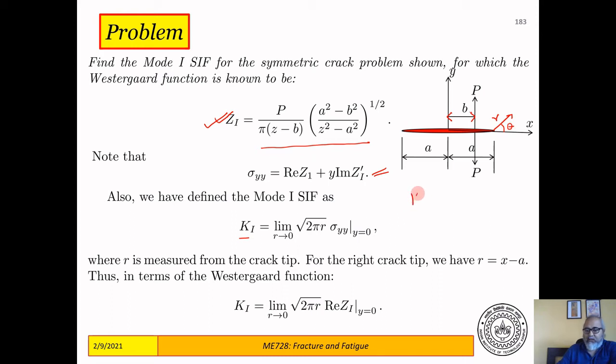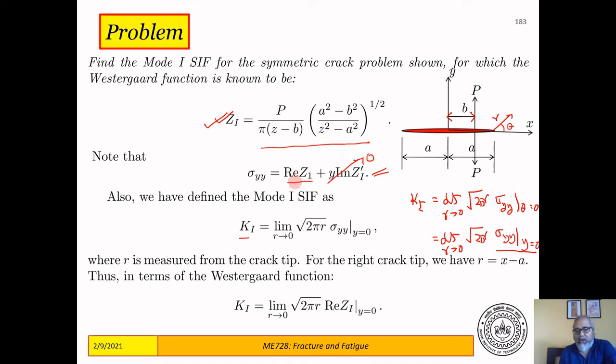I had defined K1 as limit r tends to 0 root 2 pi r sigma yy at theta equal to 0, which is the same as limit r tends to 0 root 2 pi r sigma yy at y equal to 0. If I put y equal to 0, this term goes out of the window. So I have to deal with only the real part of Z1 and then take the limit r tends to 0.